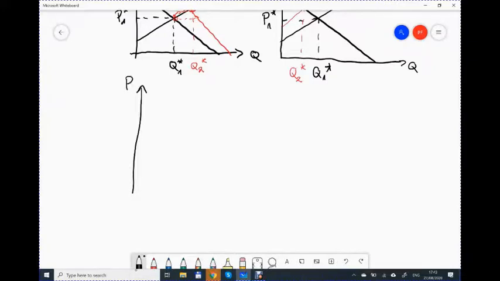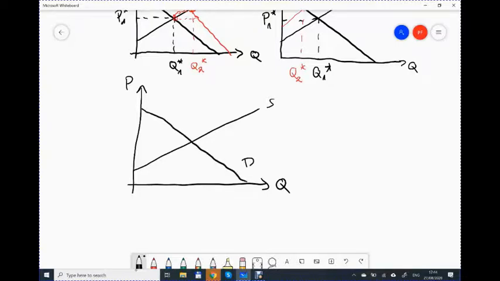Then we could have a situation which is not so obvious anymore as it was before. So we start with the supply and demand functions. Needless to say, these are of course all inverse supply and demand functions, and we have an initial Q1 star and P1 star, equilibrium quantity and prices respectively.